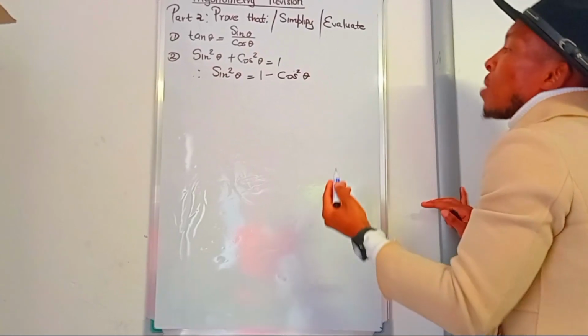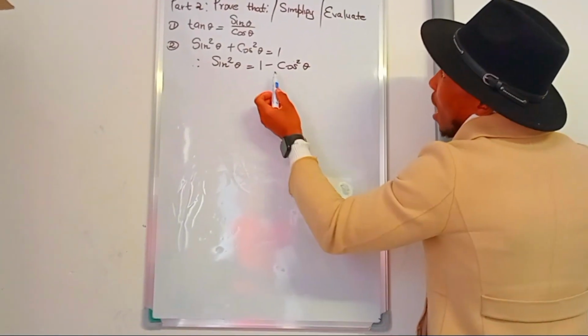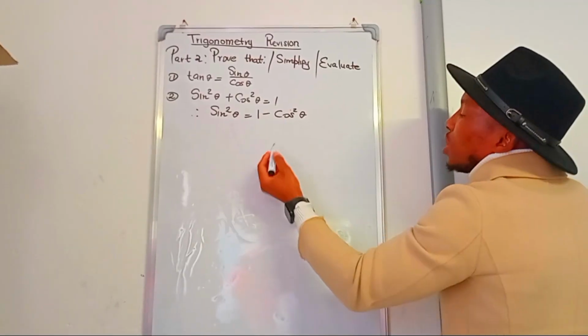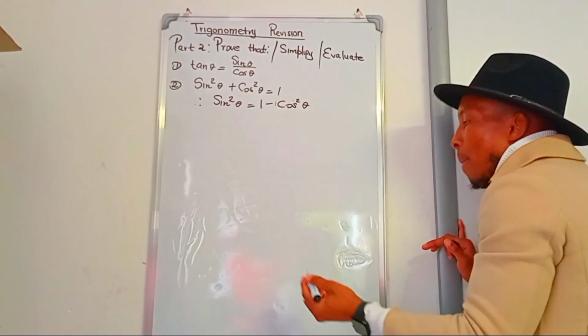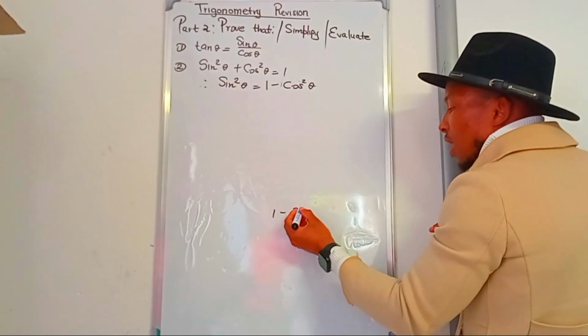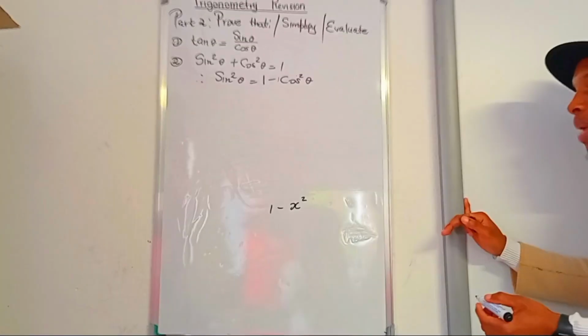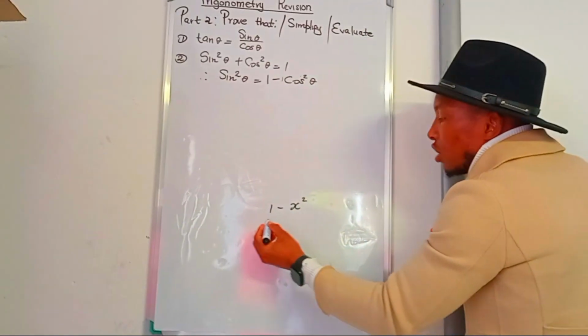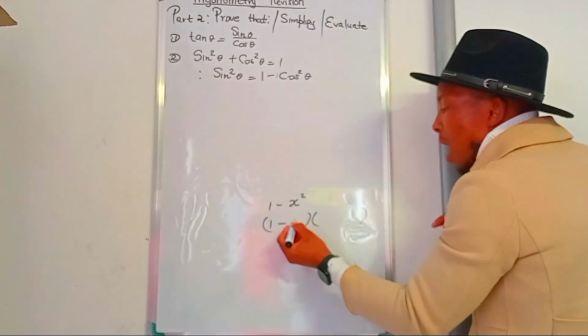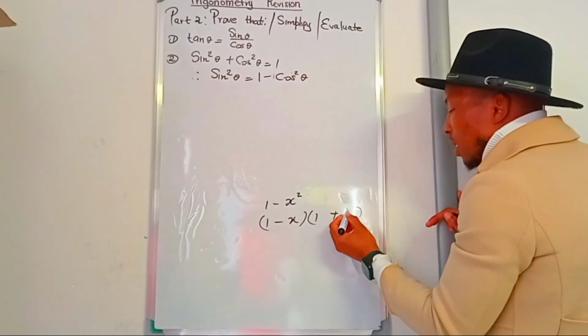Remember, for the perfect square, between the two terms we must always have a negative sign. If I'm having 1 minus x squared, we say this is a perfect square, because you can factorize it into 1 minus x and 1 plus x.